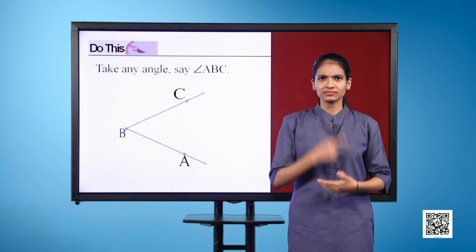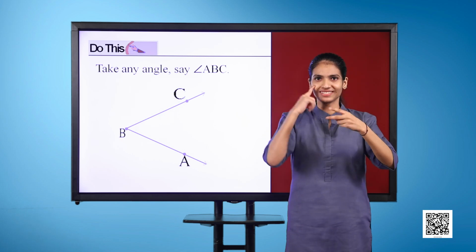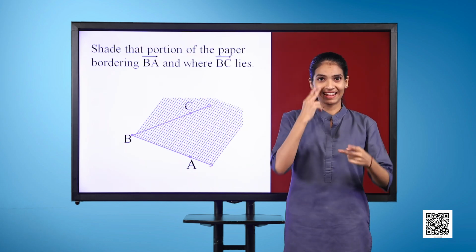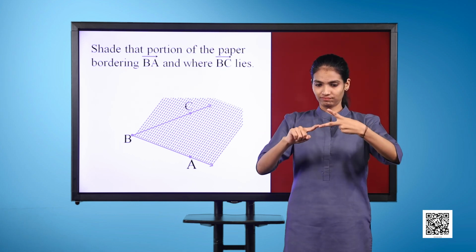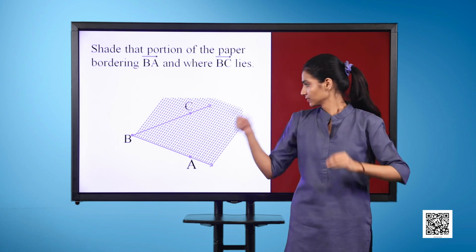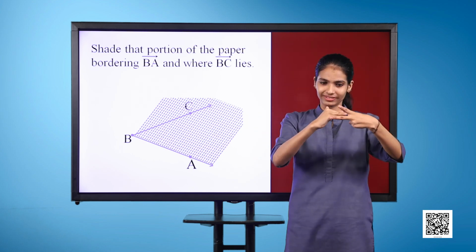Do this. Take any angle, say angle ABC. Shade that portion of the paper bordering BA and where BC lies. We have two figures demonstrating this.